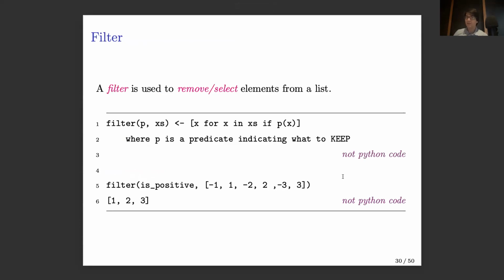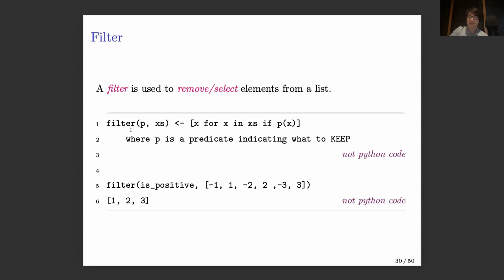Okay, so zips aside. Filter. A filter is used to either select or remove elements from a list. You've seen this already in this lecture. List comprehensions can have an if statement. That's effectively filtering. Okay, but that won't work on streams, right? So this filter is the more generic version of just giving an if statement to a list comprehension.